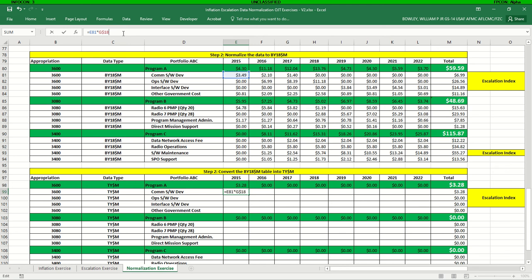So we want to lock the rows, but not the columns. So we want to have it look like this with G$18. And you'll see here when we drag this formula down, that G18 does not change. It's still G18, but when you drag it over here, you'll see that the column reference has changed. It's slid with the formula.